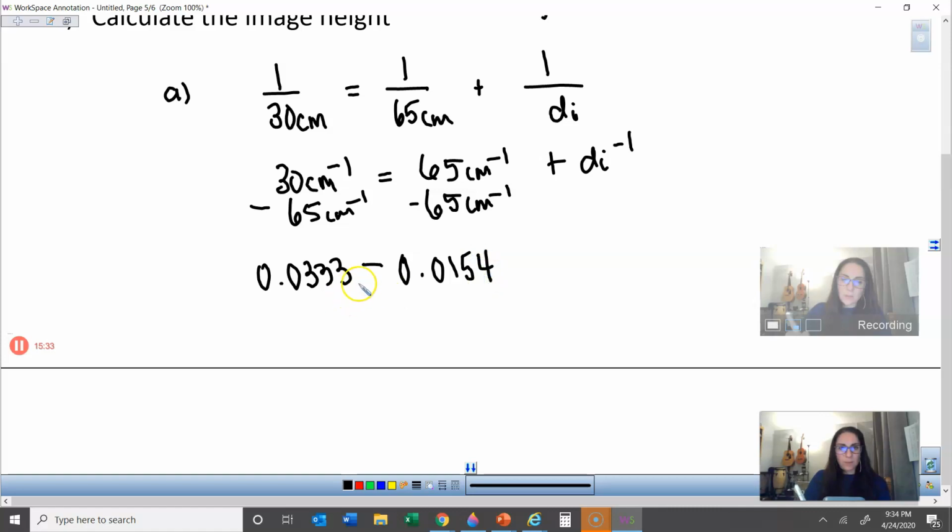This is centimeters inverse, by the way. Sorry, I forgot my units. Would equal to this inverted. So now I'm going to go ahead and carry out that calculation.